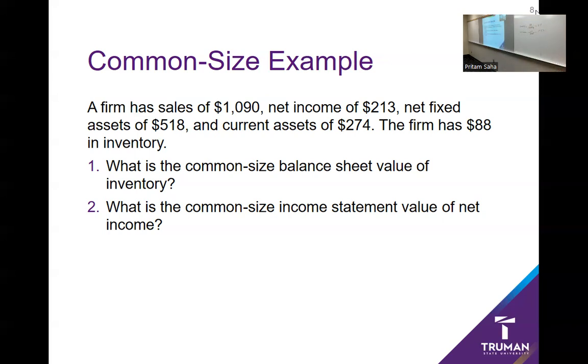So you can interpret that 11% of total assets is held as inventory, right? And 19.5% of sales could be kept as net income, right? After paying all of the direct costs, interest, and tax payments, right?